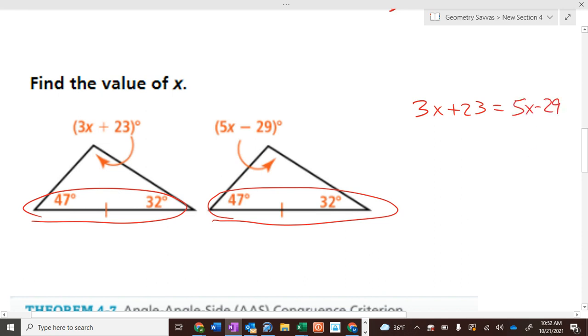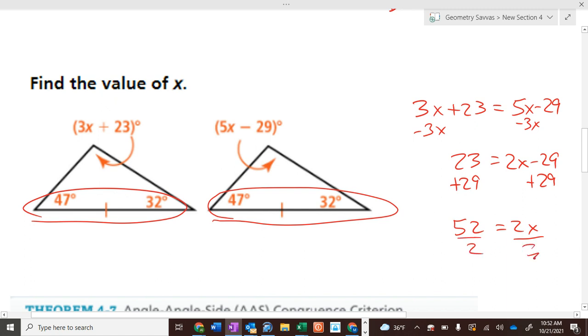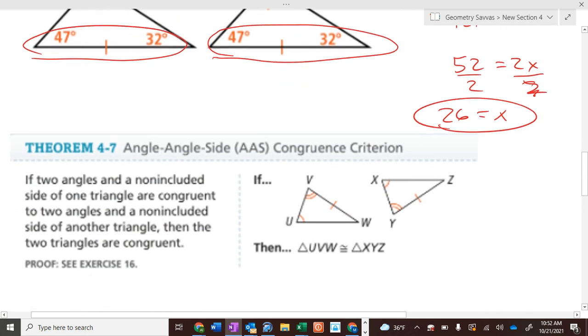How do we solve this? Subtract 3x. So 23 equals 2x minus 29. Add 29, 52, and then divide by 2. The value of x is 26.